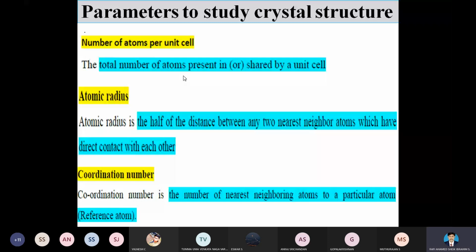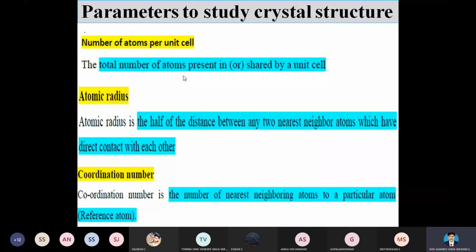Primitive means a material, or a medium, or a solid, or a crystal that contains only one type of atom. If the medium consists of only one type of atom, then such a medium is called a primitive medium.